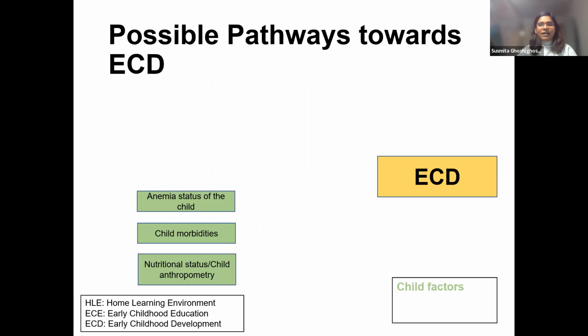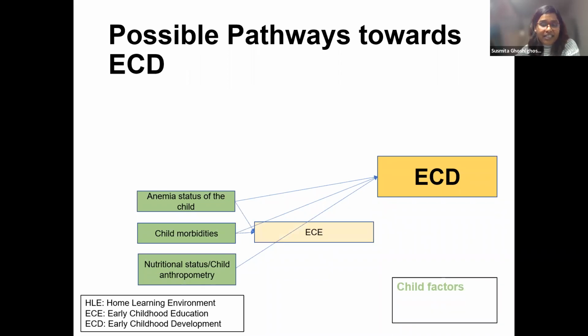The child factors are the nutritional status of the child, anemia status, and child morbidities, which can directly affect early childhood development, or indirectly affect it. The child morbidities can also affect the anemia status and nutritional status of the child.